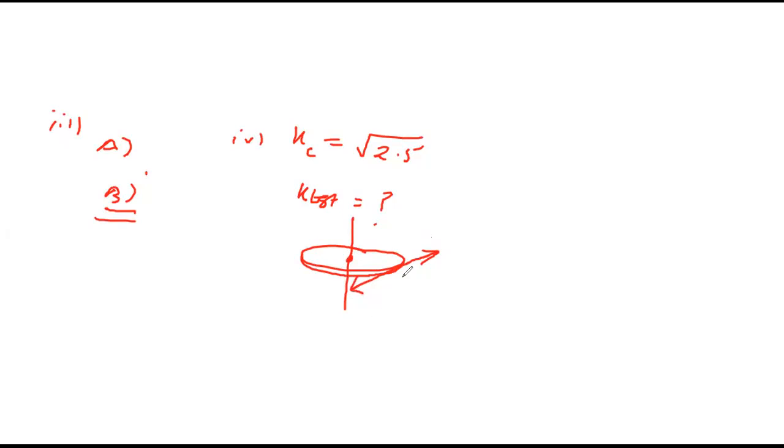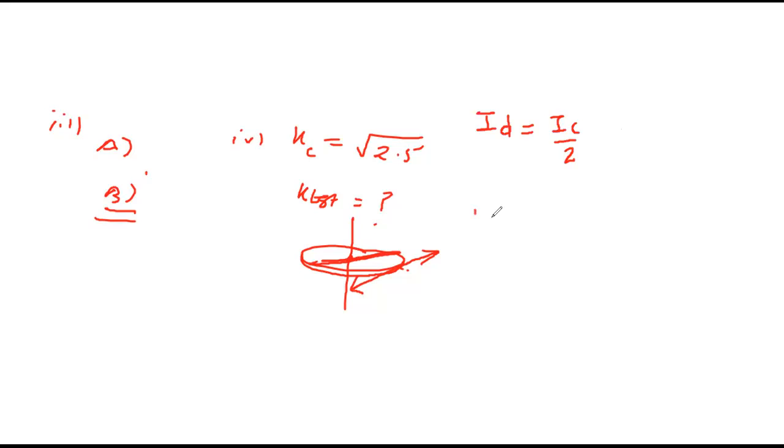To use the formula for the tangent in the plane, I should know this moment of inertia. Then only I can find the moment of inertia of the tangent in the plane, which is parallel to the diameter. I told you, remember, I diameter for a disk or ring is IC by 2.